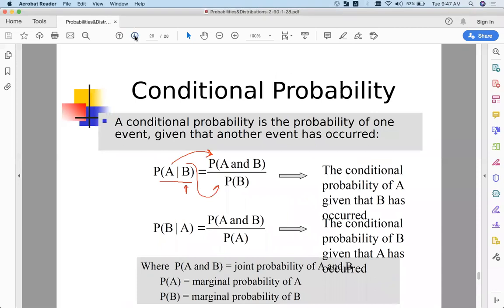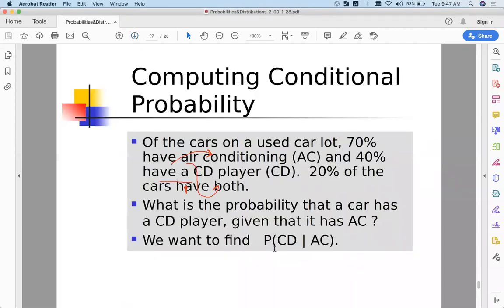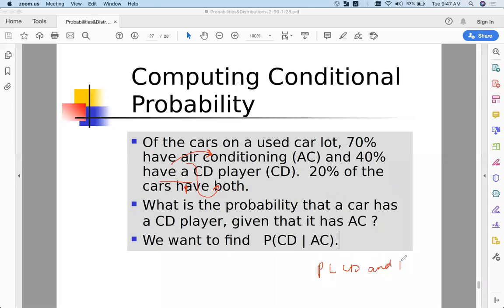Now if you go back to the question, it is the probability of CD given that AC has occurred. So you just have to write the probability of CD and AC. What will come in the denominator? The denominator is basically the probability of AC.